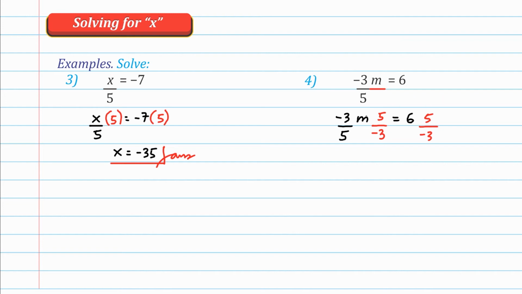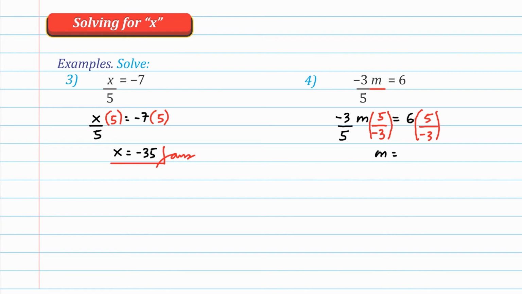Wait, does this look familiar? Yes, we know that 5 over negative 3 is the reciprocal of negative 3/5. This is the same thing as the law of cancellation for multiplication. When you multiply the multiplicative inverse of a numerical coefficient, we can cancel them, therefore leaving just m on one side.